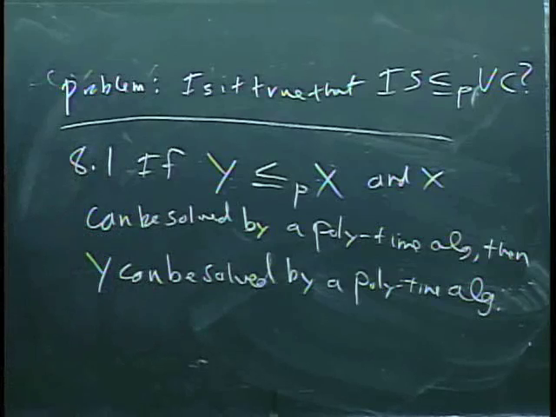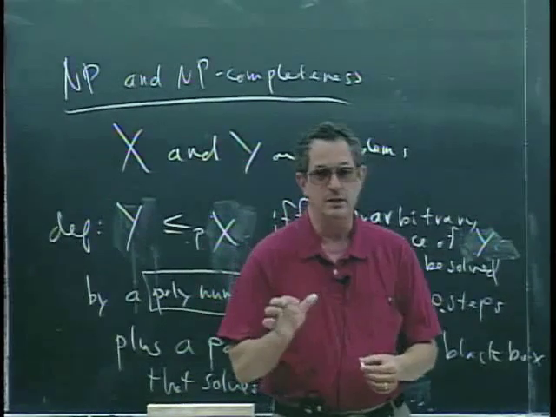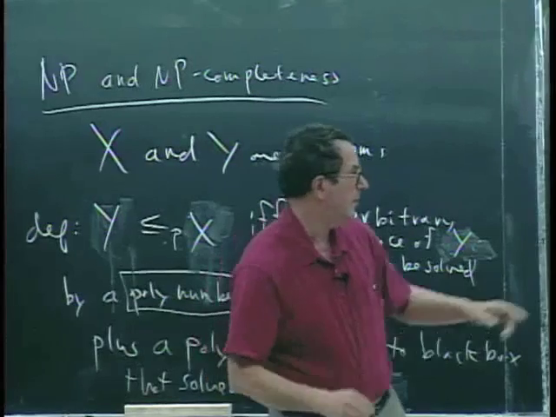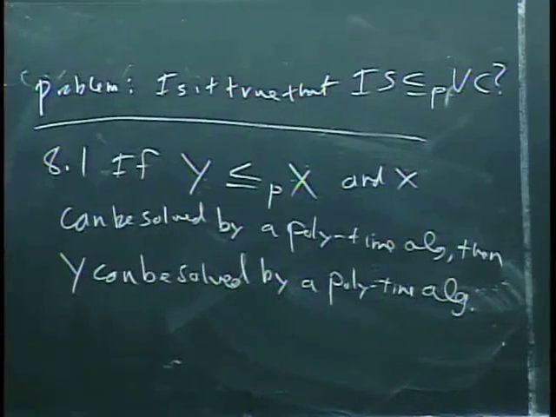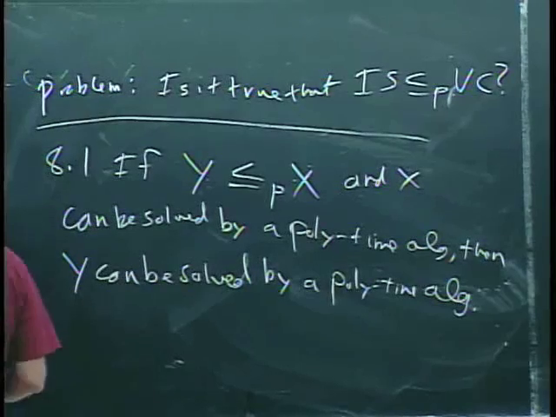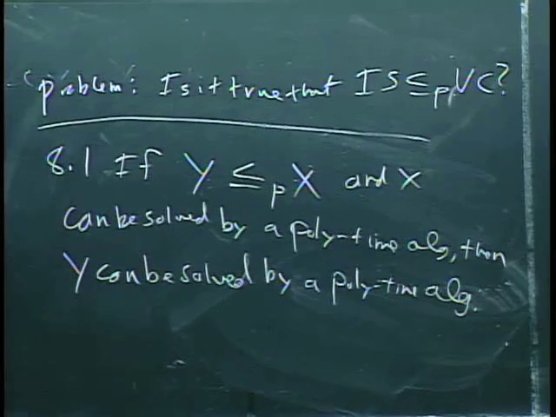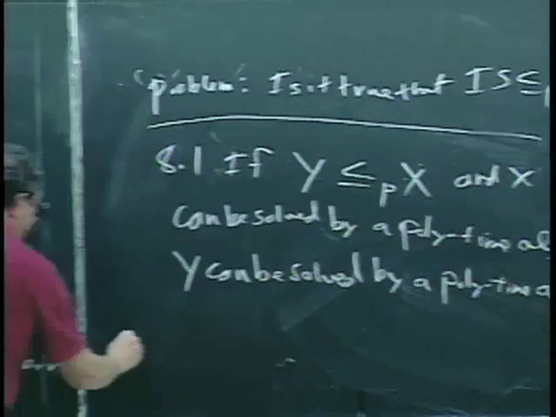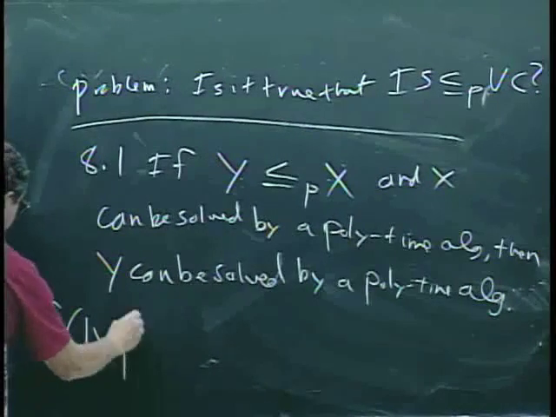Okay. Now there's actually a little subtlety here, which has to do with the fact that a polynomial of a polynomial is still polynomial. Okay, so the polynomial work that you're doing in order to make the calls, let's say that's polynomial f of the input size of y.